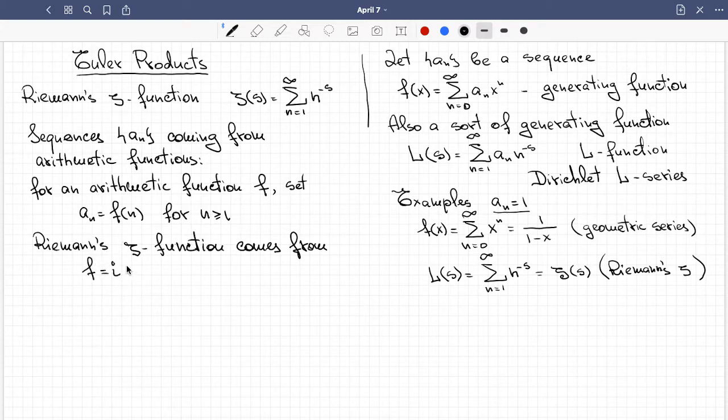You remember we had the function I, a very simple function, which takes a value of 1 no matter what. So I of n is equal to 1.